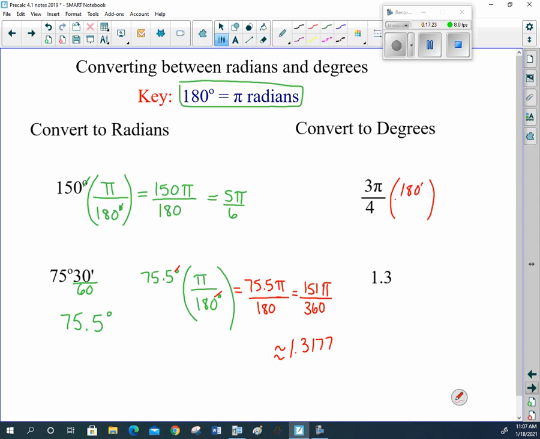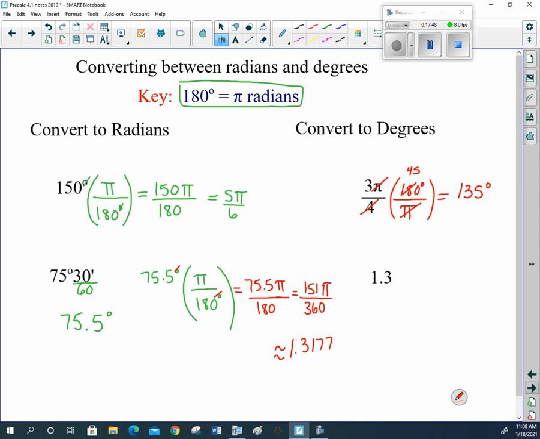End of story. If that's what you're looking for, degrees needs to go in the numerator, and then your pi's will reduce, and you end up with, let's see, I think 4 will go into 180 also. So 45. So this is 3 times 45, which is 135 degrees.